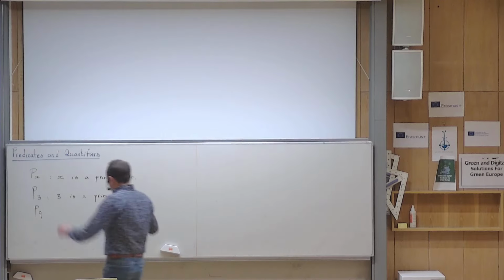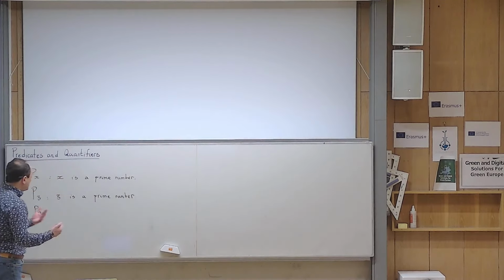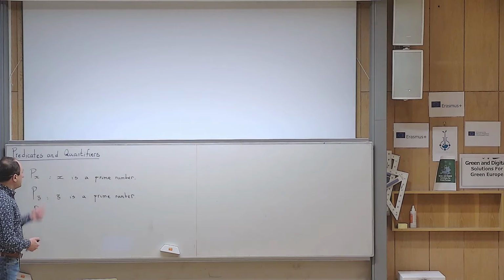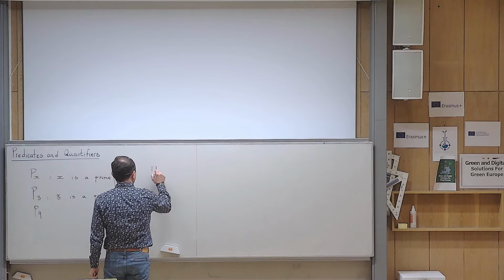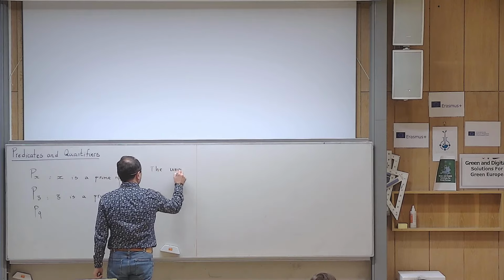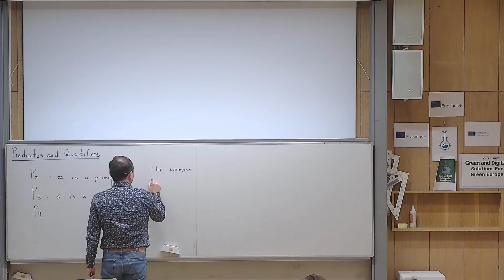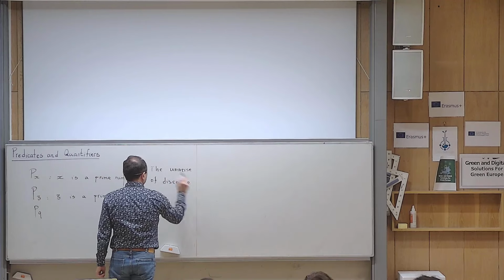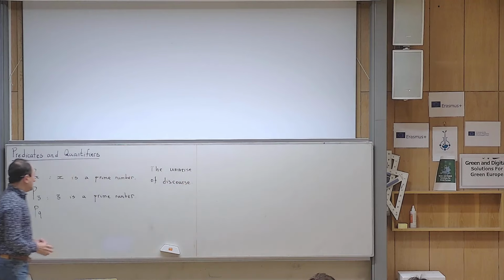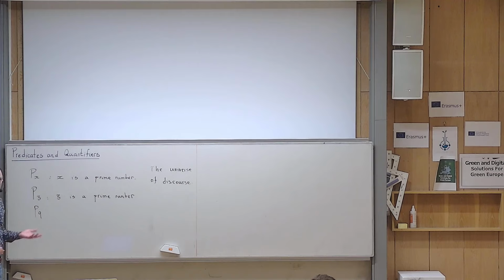So the set containing all possible values that I can use for the variable of the predicate is called the universe of discourse. Okay, the universe of discourse. Okay, so is that more or less understandable?